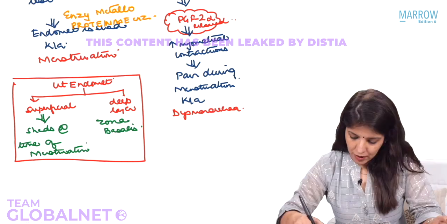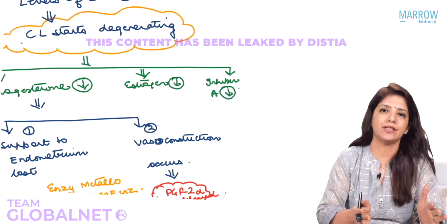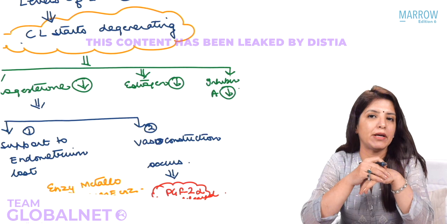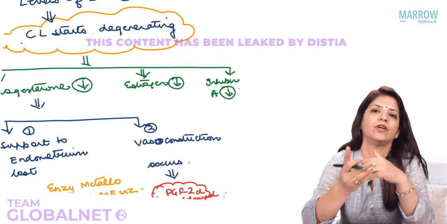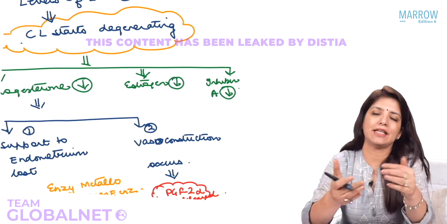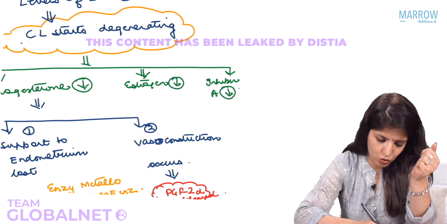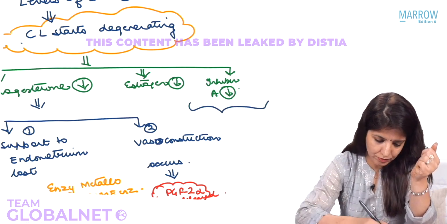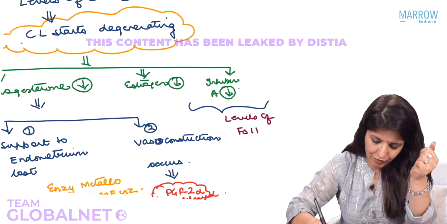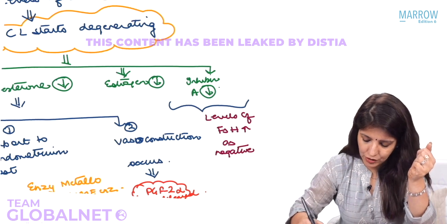Clear? Now, not only is progesterone decreasing, you can also see that estrogen is decreasing and inhibin A is decreasing. Now, what were the roles of estrogen and inhibin A? Estrogen and inhibin A were having a negative feedback on FSH. Now, when estrogen will decrease and inhibin A will decrease, the levels of FSH will increase, as the negative feedback is gone.